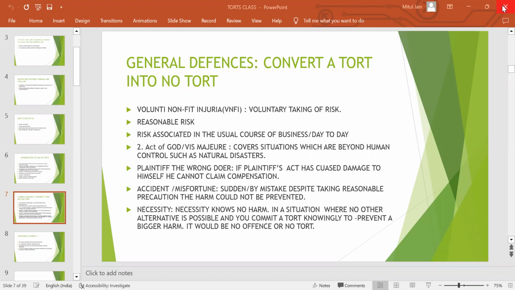Now, will you get the defense of necessity? Yes, class. Is the question clear?